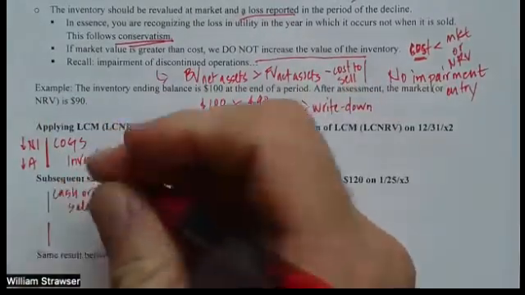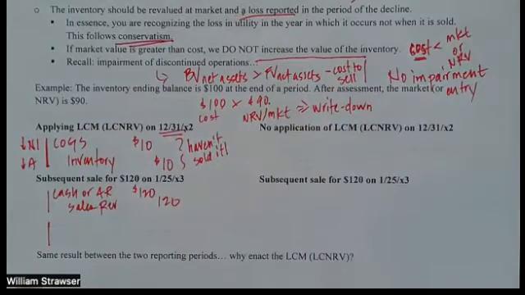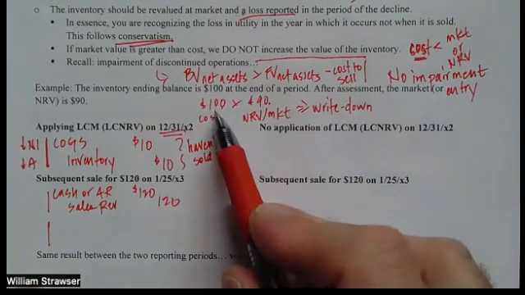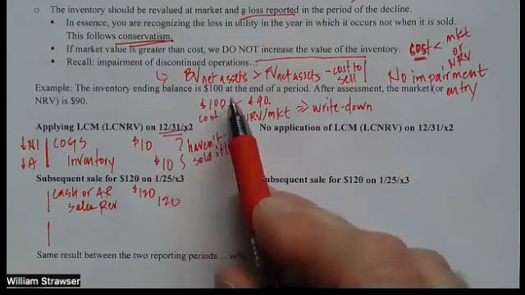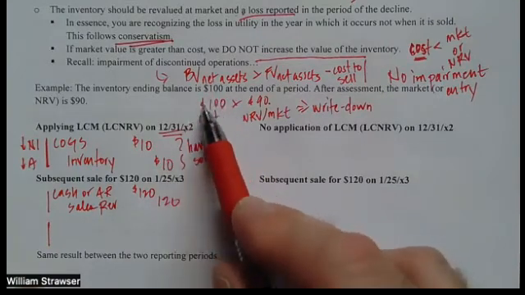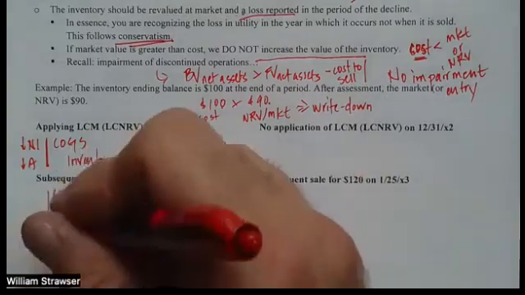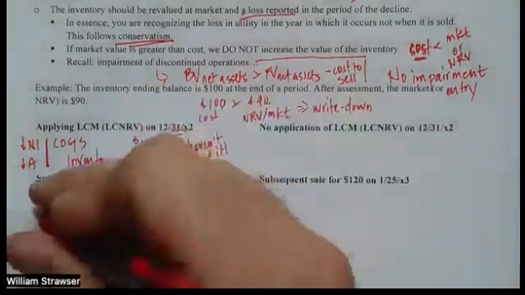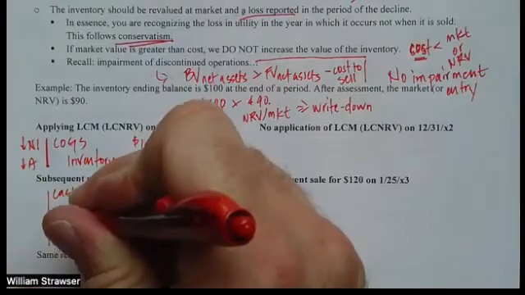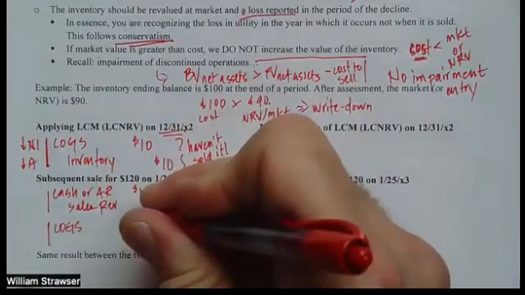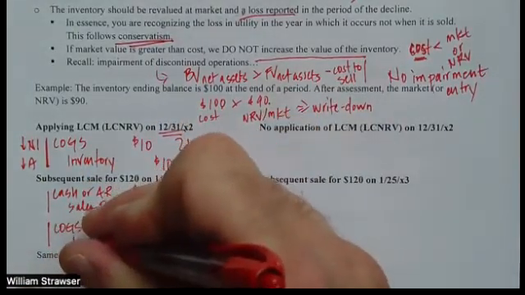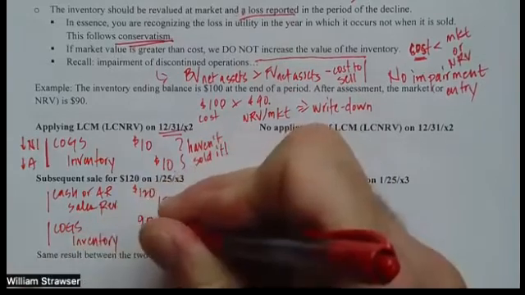Then I have my cost of goods sold. My cost of goods sold is no longer 100, right? I credited the inventory account, which was at 100, by $10. That drops it down to $90. So my cost of goods sold is $90, and the credit to inventory would be $90.